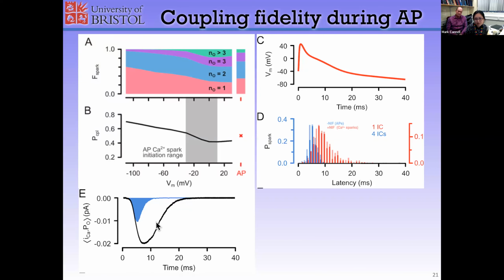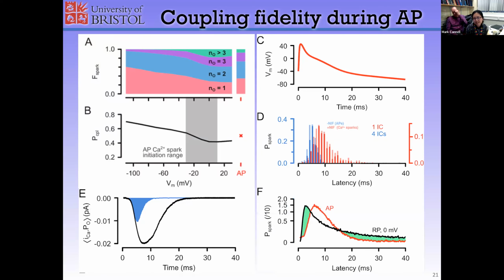We can now also use these simulations to understand why calcium release variation may be smaller during the AP compared to, for example, RP. So this is illustrated here. This figure F shows the evolution of P spark over time for AP in red and RP in black. And it shows that there's an excess of calcium spark production early on as well as later on.